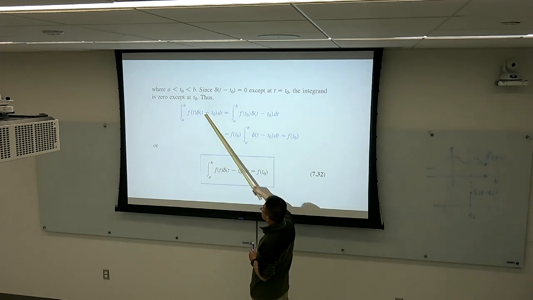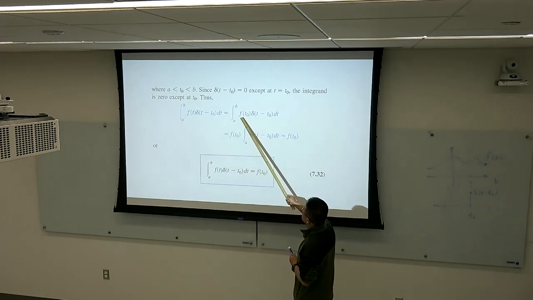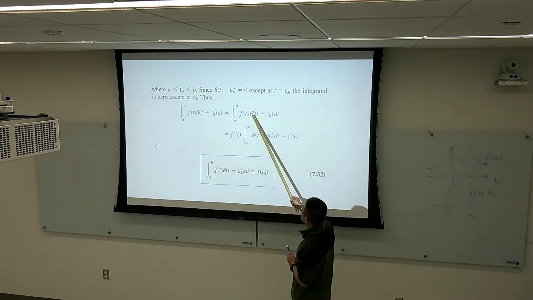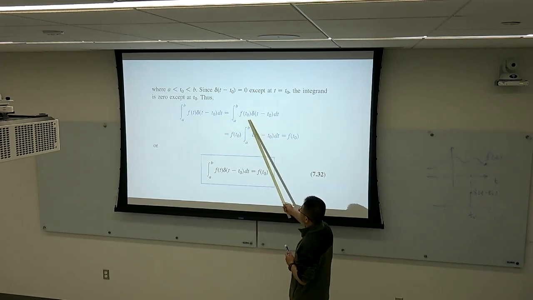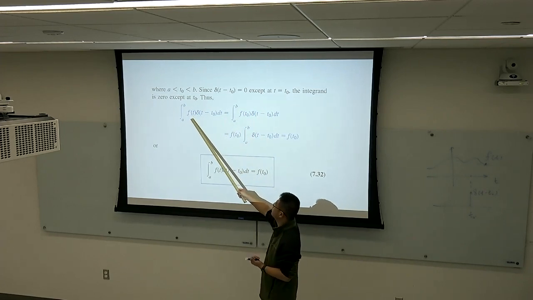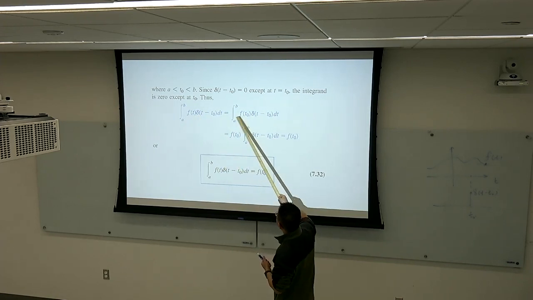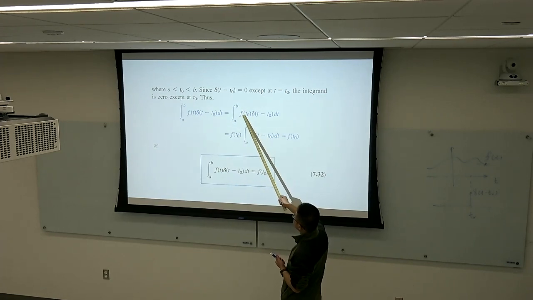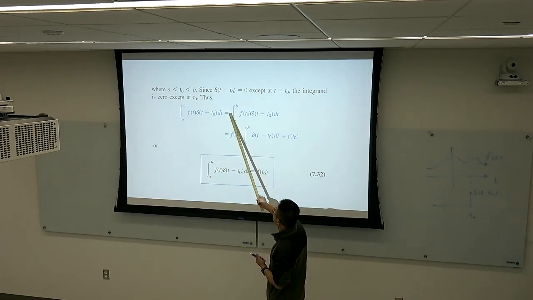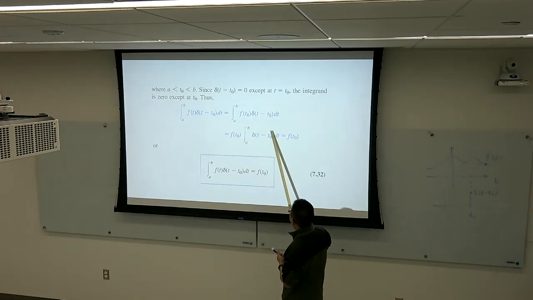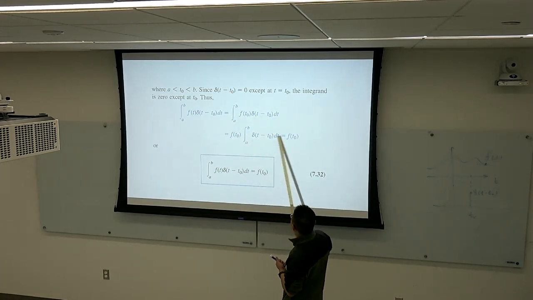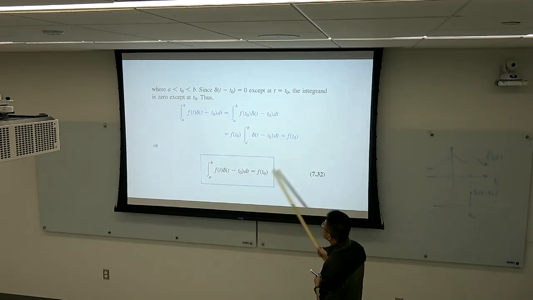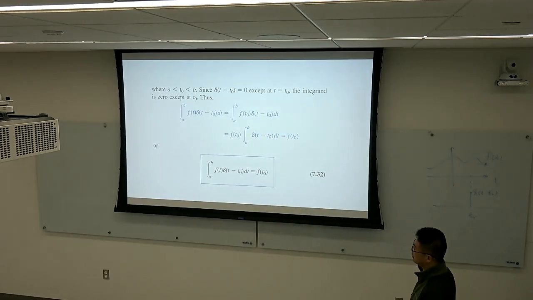So this product equals f(t0) times the unit impulse function, because when t is not equal to t0, all other values are 0. Because f(t0) is a constant, we move it out of the integration, and the remaining integration is 1. So finally, this equals f(t0). We call this the sampling characteristic of the unit impulse function.